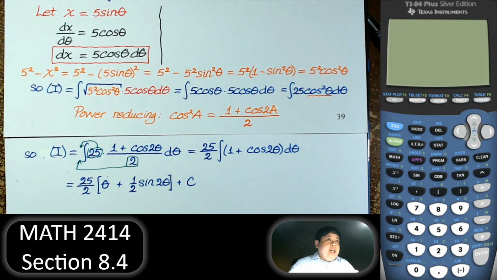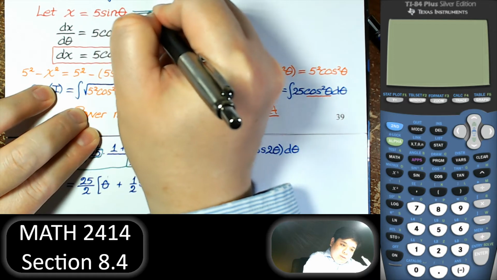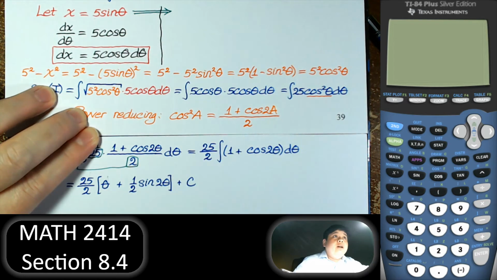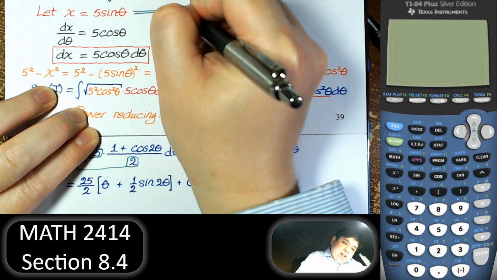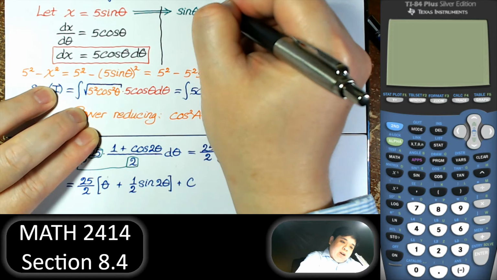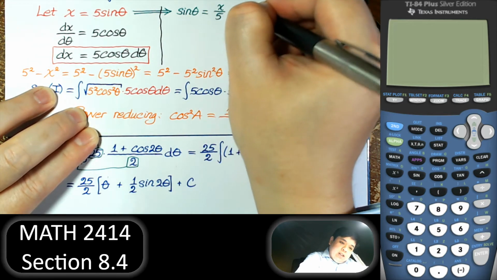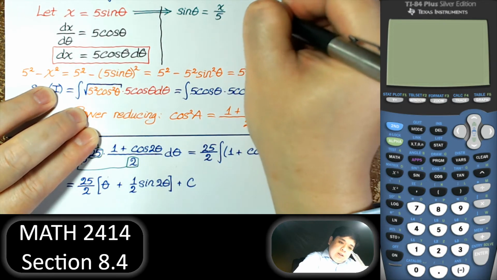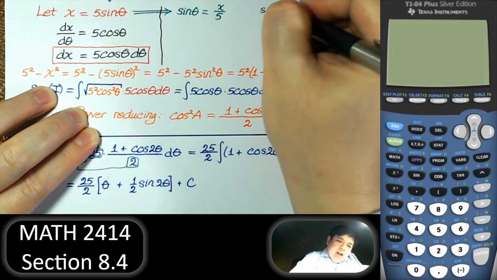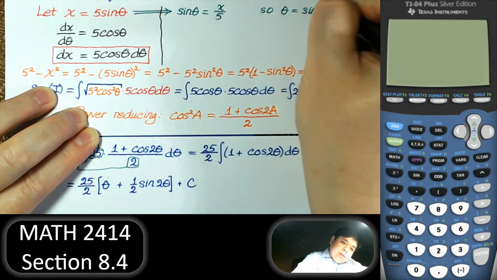Now, if x is equal to 5 sine theta, then obviously we can solve for sine theta, right? So from that we can say sine theta equals x over 5. And if we want to solve for theta, theta equals sine inverse of x over 5.